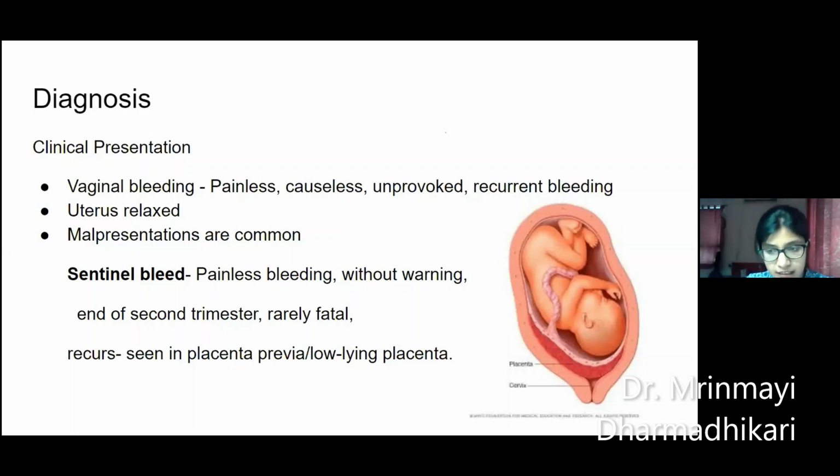As the placenta shears off its decidual surface, there is bleeding. Thankfully, this bleeding is rarely fatal. It is not a profuse bleeding, and it generally stops on its own, but it is a recurrent bleeding. So this is called a sentinel bleed, typically seen in placenta previa.